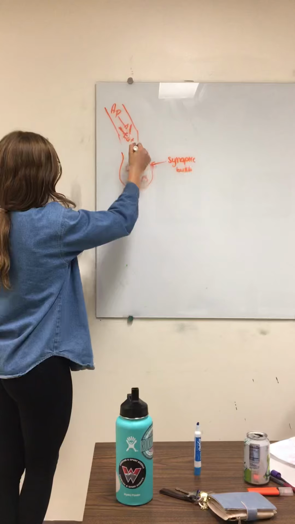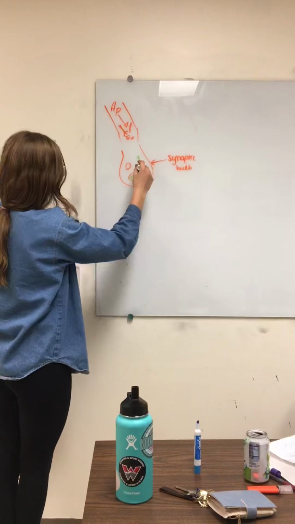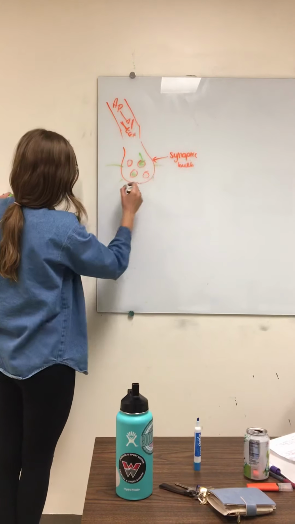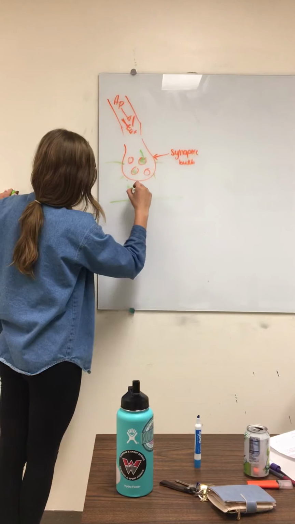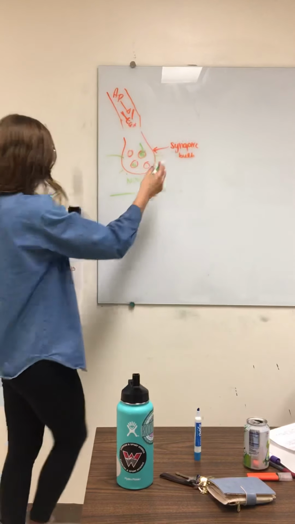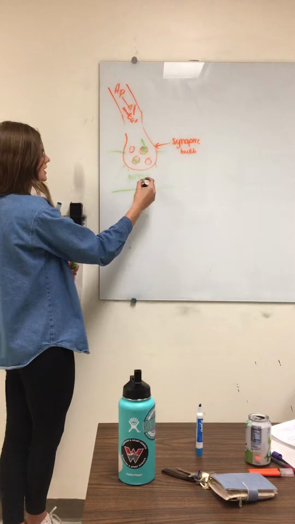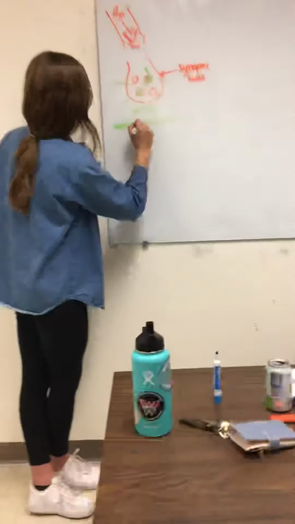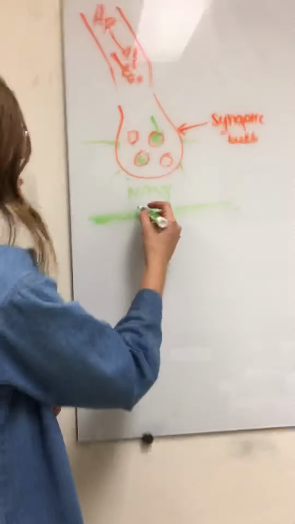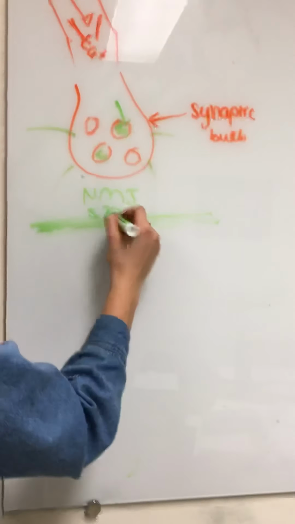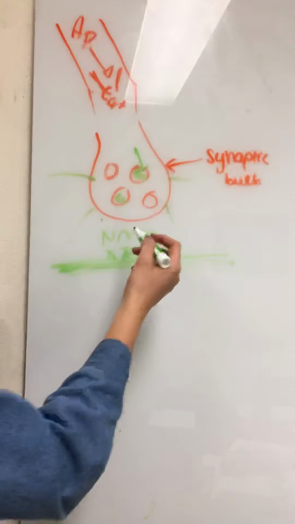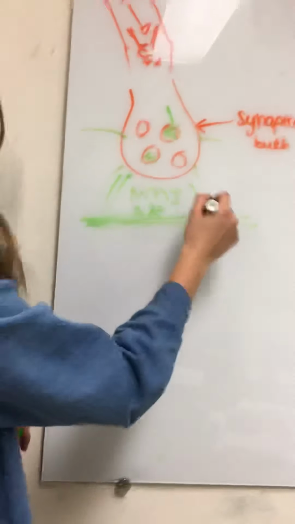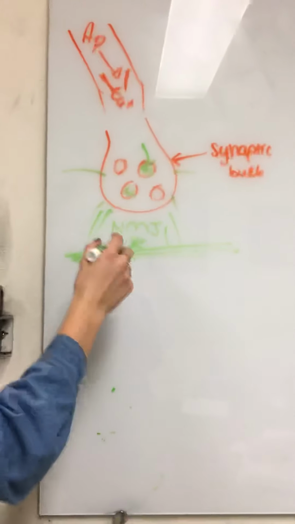And so once the calcium comes in here, the acetylcholine is exocytosed into the neuromuscular junction, or the synaptic cleft. And then it passes to the neuromuscular junction and lands on the sarcoplasmic reticulum.